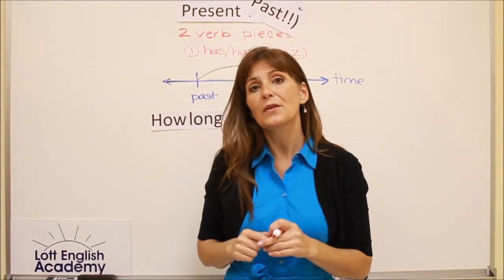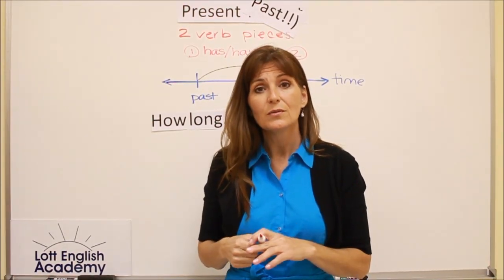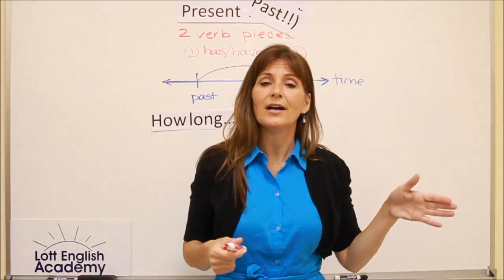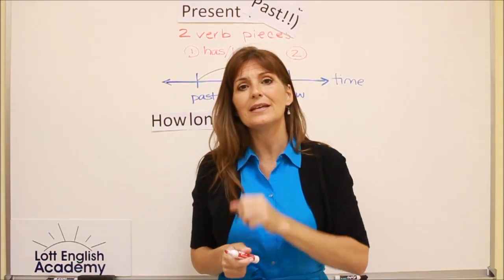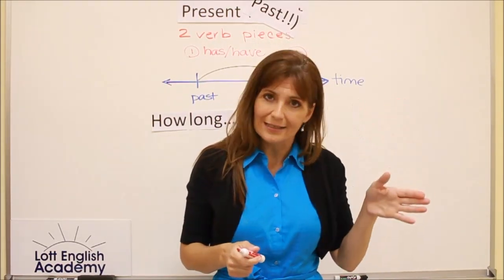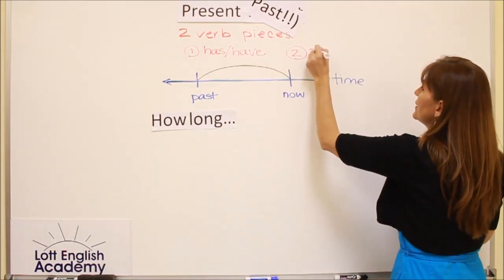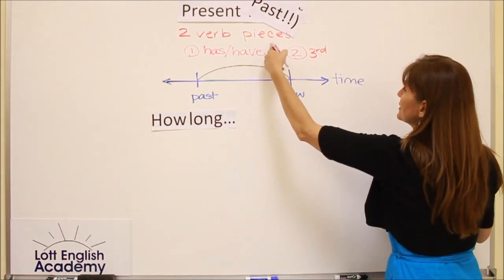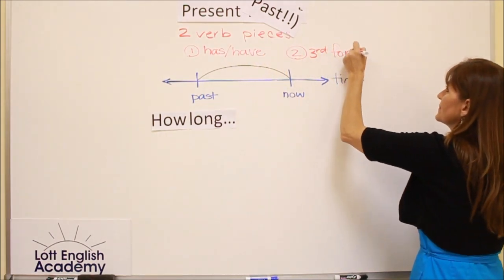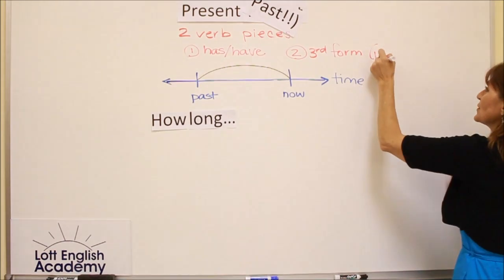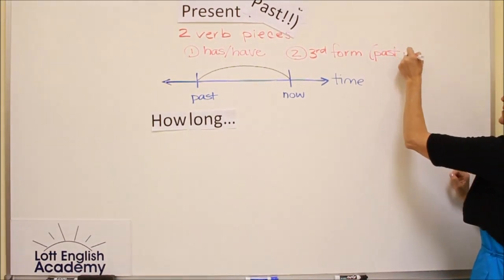For example, the word go would be go, went, gone. Or eat would be eat, ate, eaten. So we're going to call this the third form for the second piece. A lot of books call this the past participle.